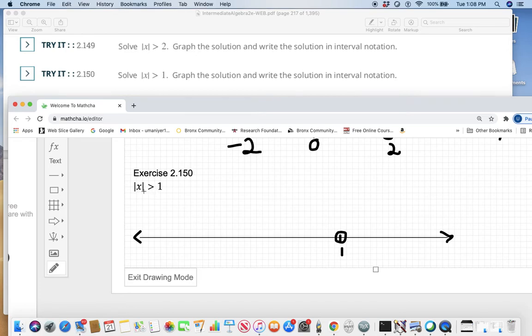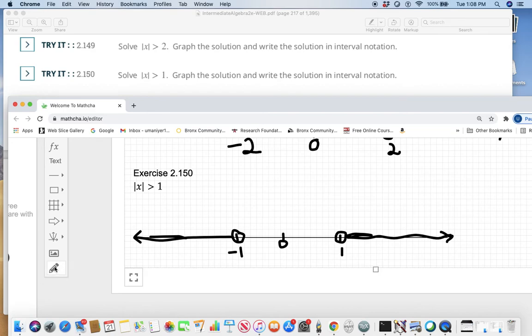The distance of x from 0 is greater than 1. So x is to the right of 1. Furthermore, a distance of x greater than 1 means x could be here as well. You see, x could be here or x could be here.